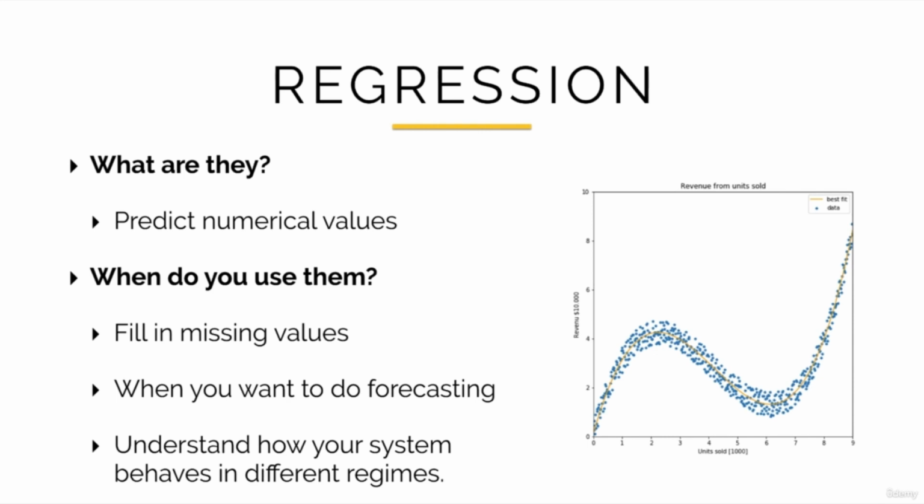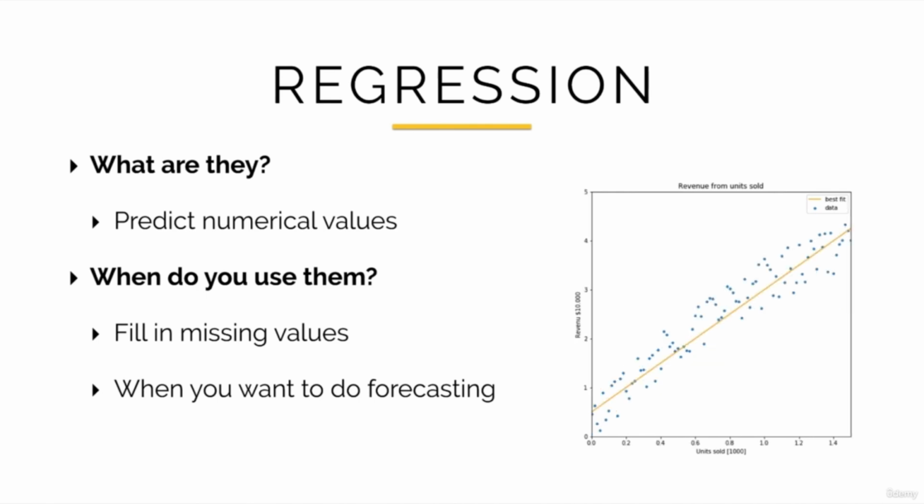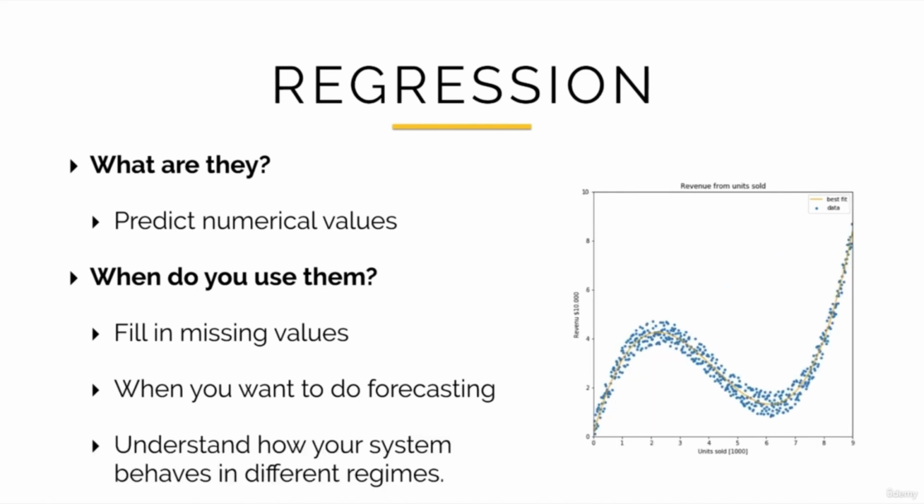So even though regression algorithms can be very powerful in helping you predict numerical values, you want to make sure that you're using them in your appropriate data range, and that if you're getting data that's completely outside of the range that you've normally considered, you want to reevaluate how your algorithm performs on those pieces of data, because as we can see from the comparison here on the right, first we start off linear and then we go to this polynomial. So if we go into data very much outside of the range that we were used to before, the way that our data and our system behaves can change.